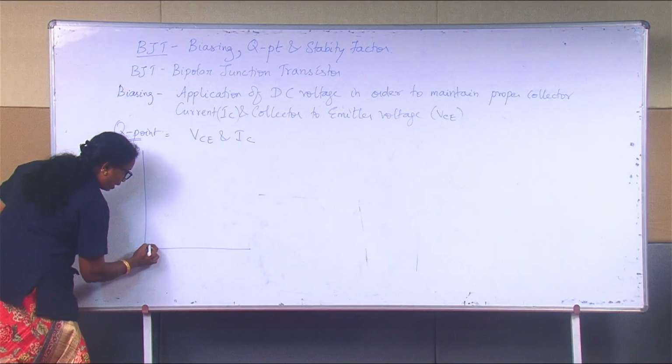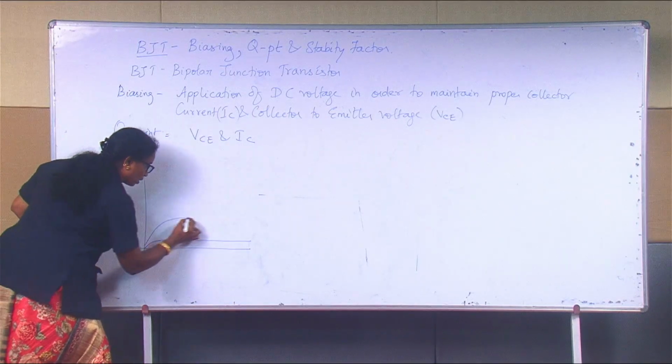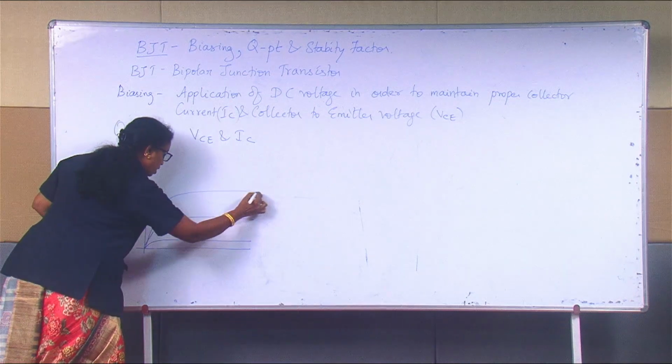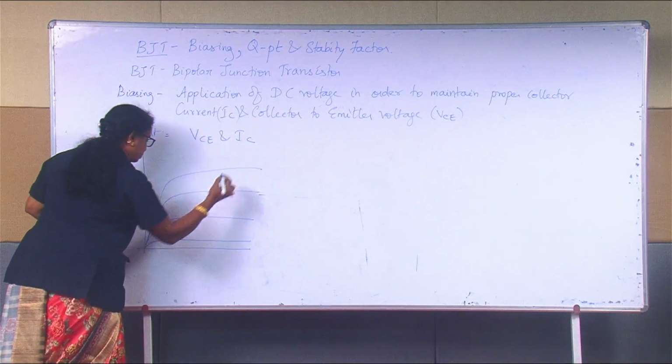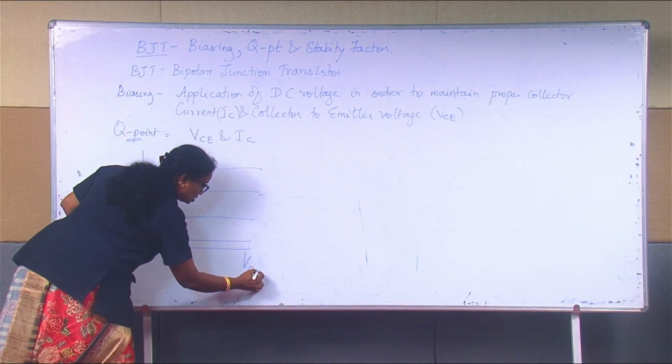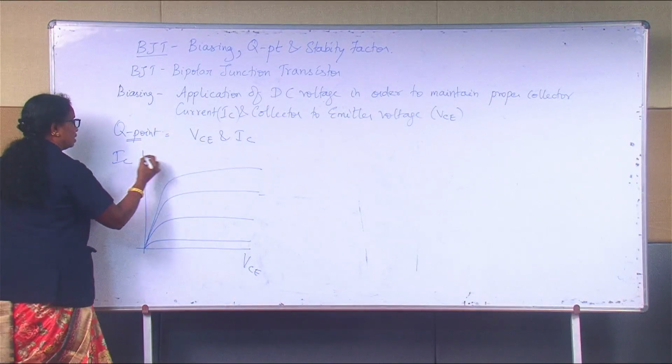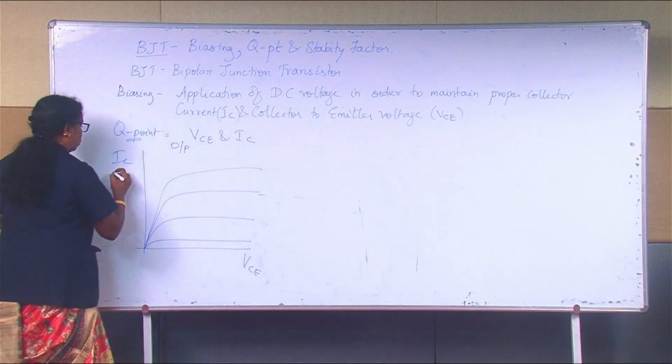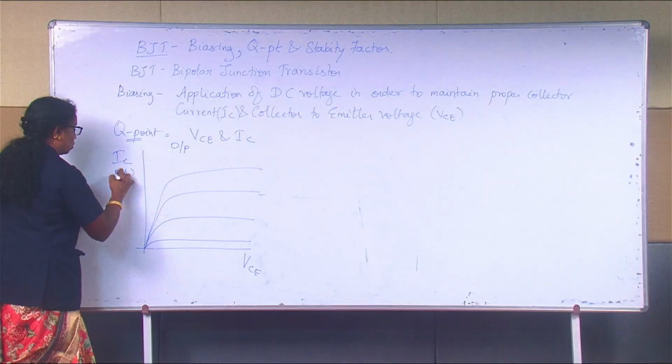So as we see, VCE, IC, the output characteristics of a BJT.